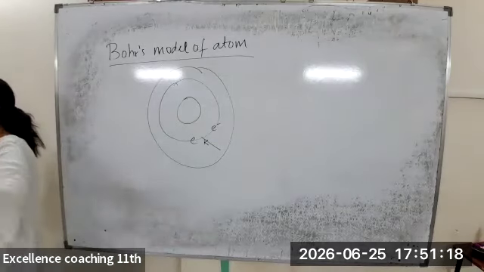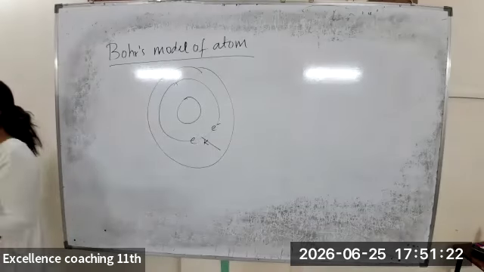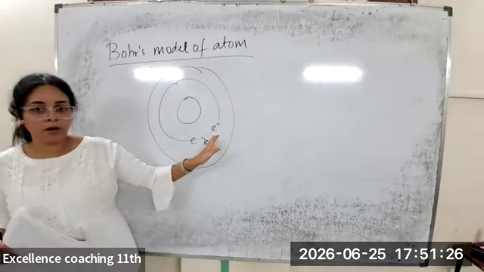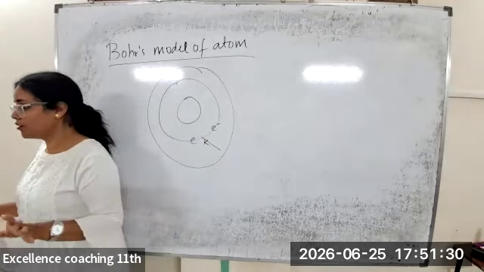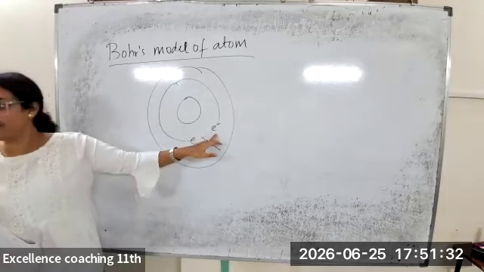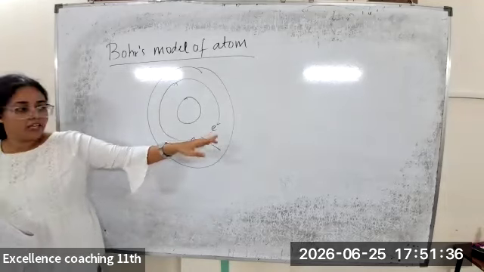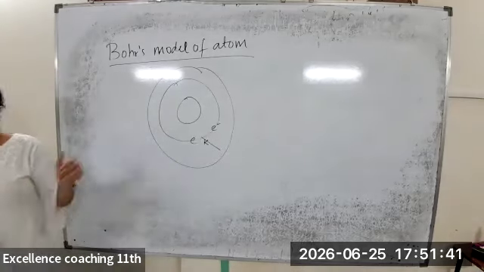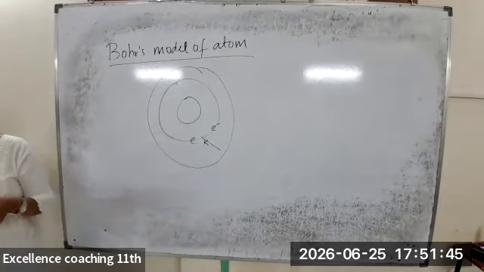You will also learn different theories, like the principal quantum number and the azimuthal quantum number. When I speak about the numbers 1, 2, 3, 4, those are nothing but the principal quantum number. Each shell will have a principal quantum number: the innermost orbit will be 1, the next one will be 2, similarly 3, 4, 5, 6, and so on. So basically, he gave alphabets and numbers to the orbits.